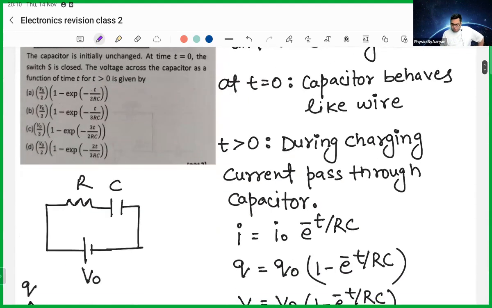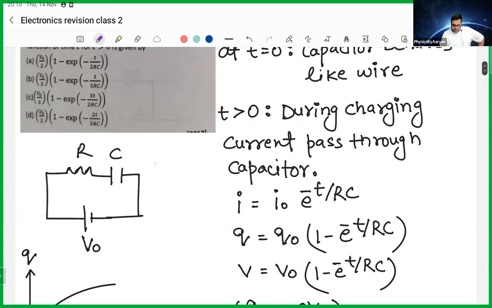Let me show you one circuit, which is known as the RC circuit, basically a resistor-capacitor circuit. This is the best circuit to understand how the capacitor behaves. Someone can ask, sir, why have you added the resistor? There was a capacitor already. But the resistor is not added by me.